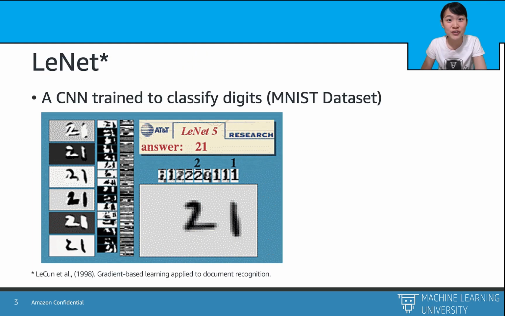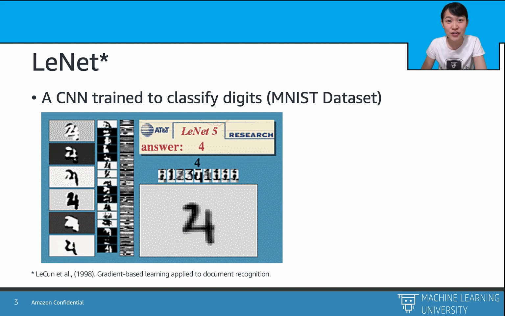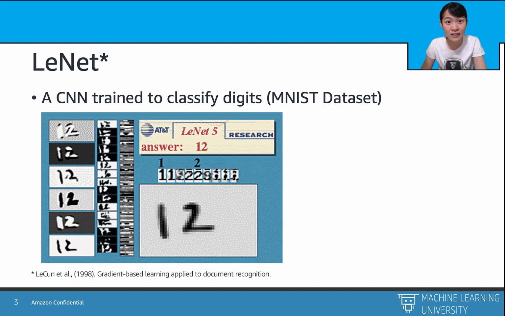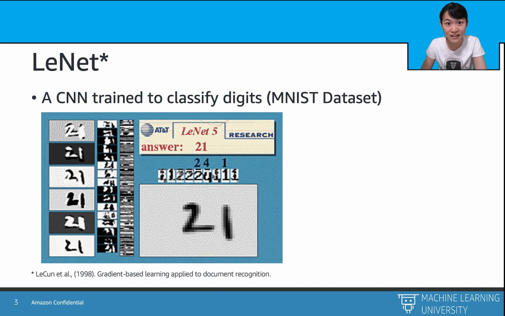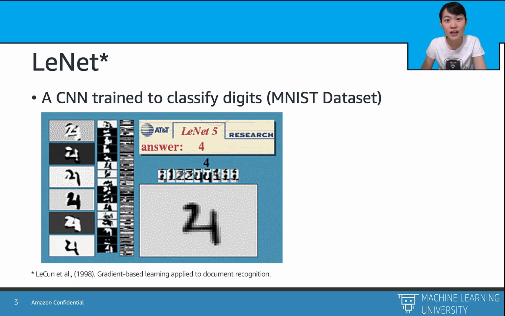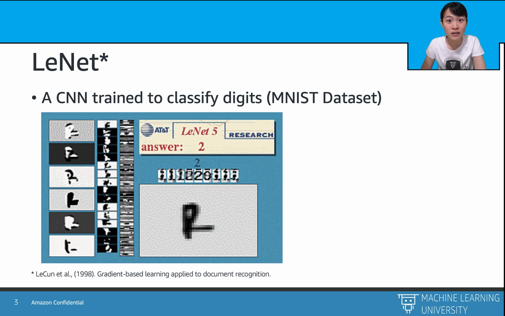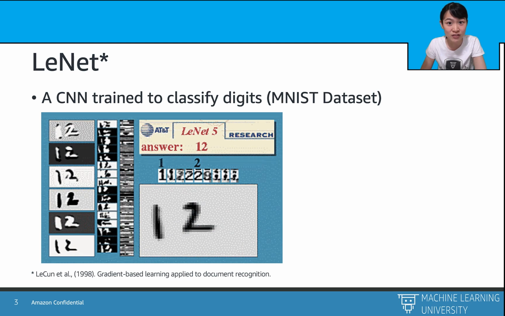LeNet was trained on the MNIST dataset that we introduced in the computer vision dataset section. It achieved outstanding results at the time, which gave researchers the first compelling evidence that it was possible to train convolutional neural networks by backpropagation.